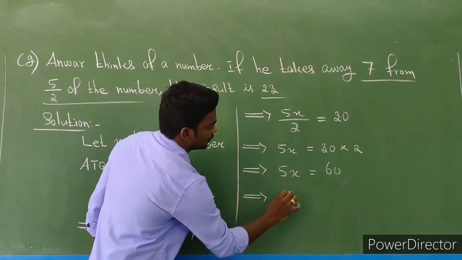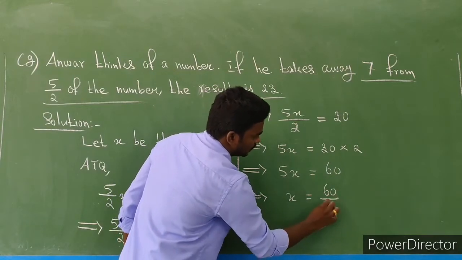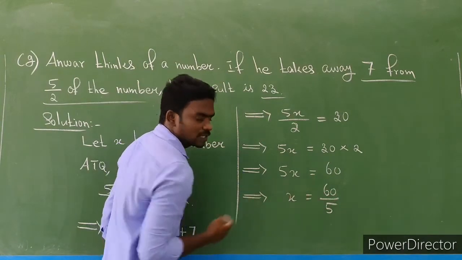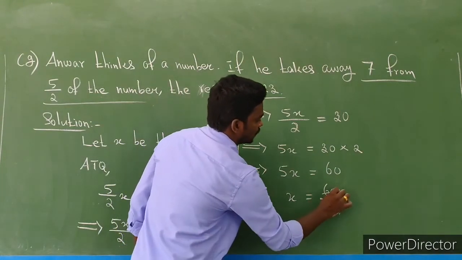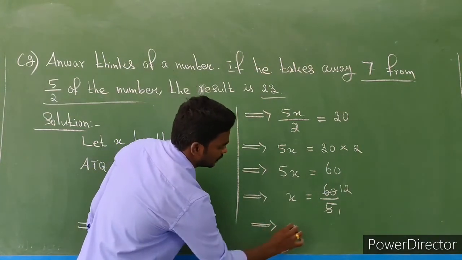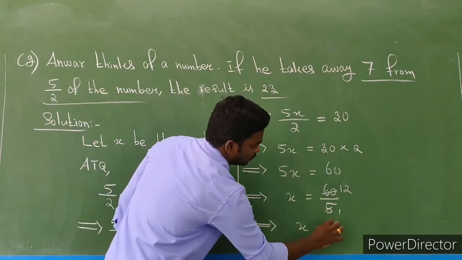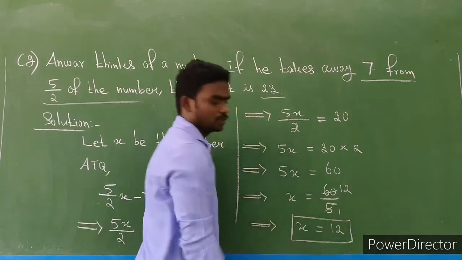Implies that x is equal to 60 divided by 5. This 5 transposes to division on the right side. So 1 5s are 5, 12 5s are 60. Implies that x is equal to 12. So the value of x is equal to 12.